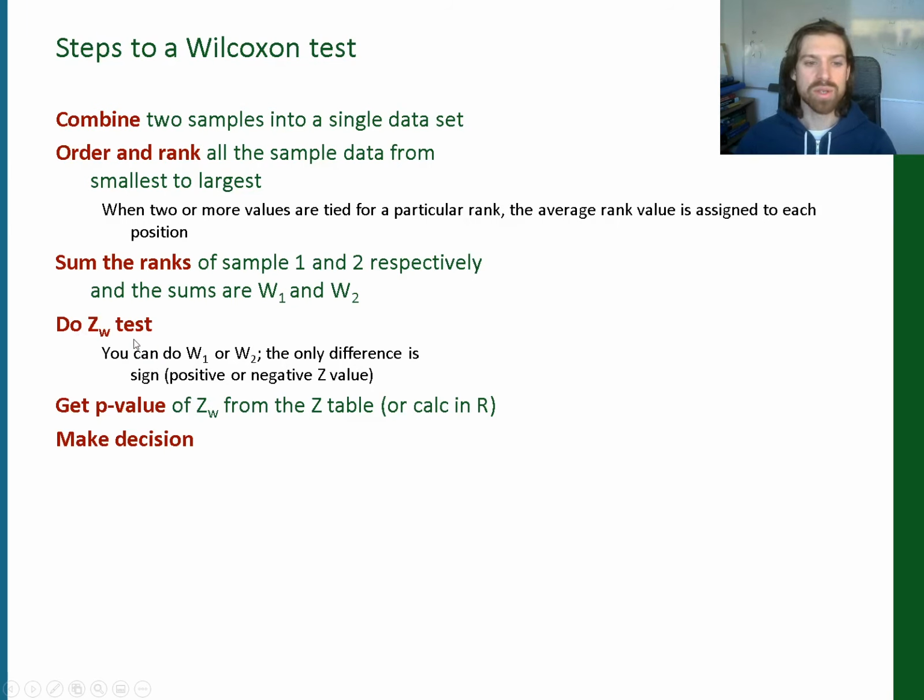That then allows us to obtain the ZW, the test statistic. And then we can get the p-value from this ZW test statistic from a Z table, for example, and then we're able to make a decision, just like we would for any other statistical test that we've already covered, where we've gone through that hypothesis testing approach. Here we just use a p-value because it's swifter.